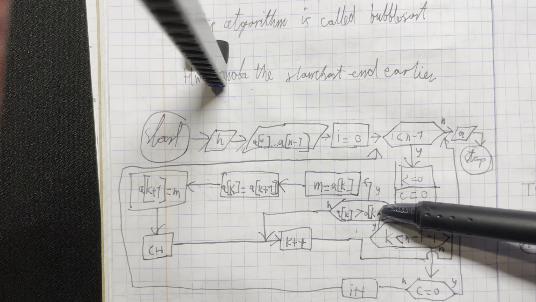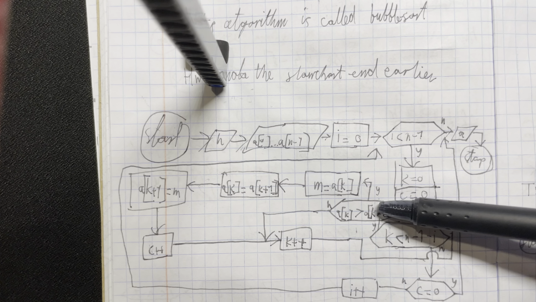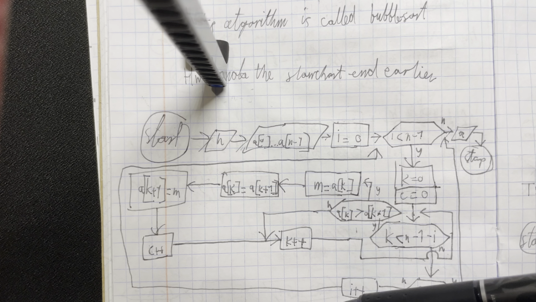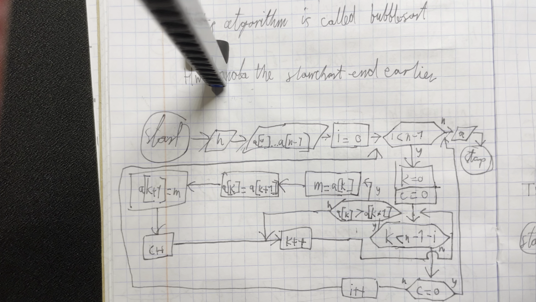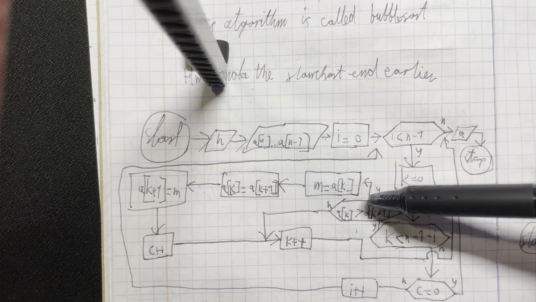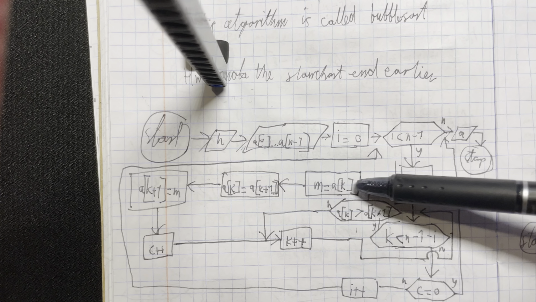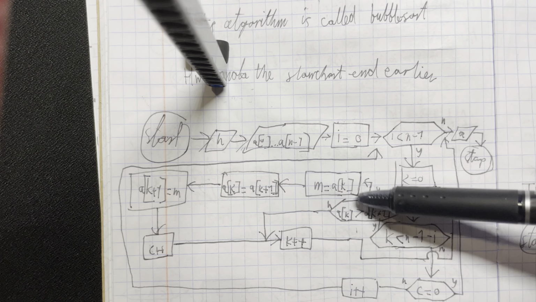Now, if it is, so if we have an exemplary array, we check if the first number in the array is bigger than the second one, because if it is bigger, we would like to swap it, right? So if it is, we do the classic swap.